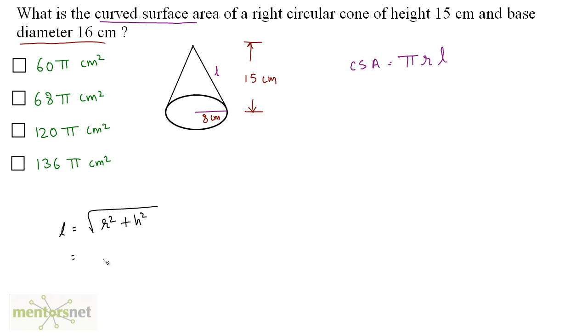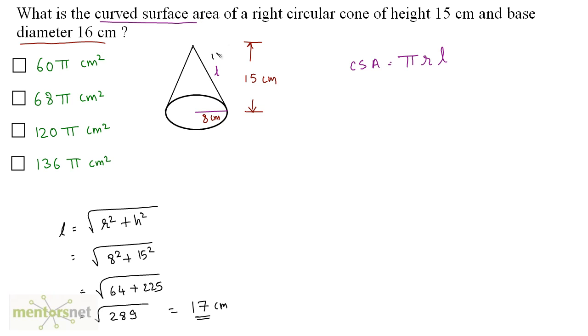We have the values of r and h. So this is under root of 8 square plus 15 square. So this is under root of 64 plus 225, which is equal to under root of 289, and under root of 289 is equal to 17. So the slant height is 17 centimeters.